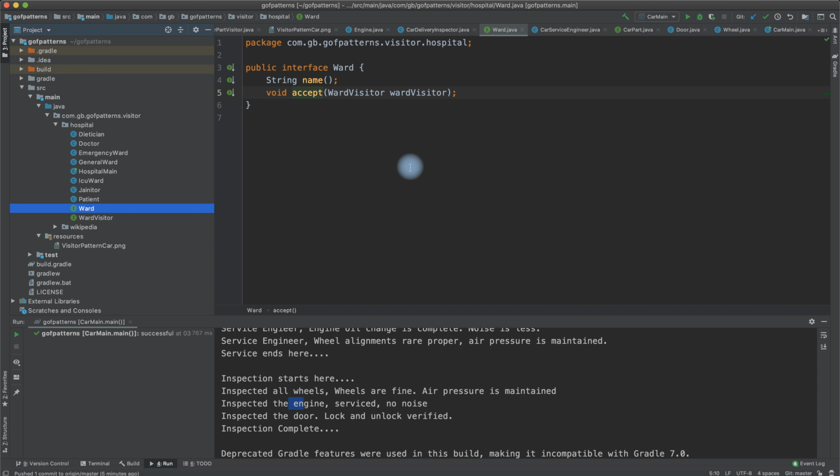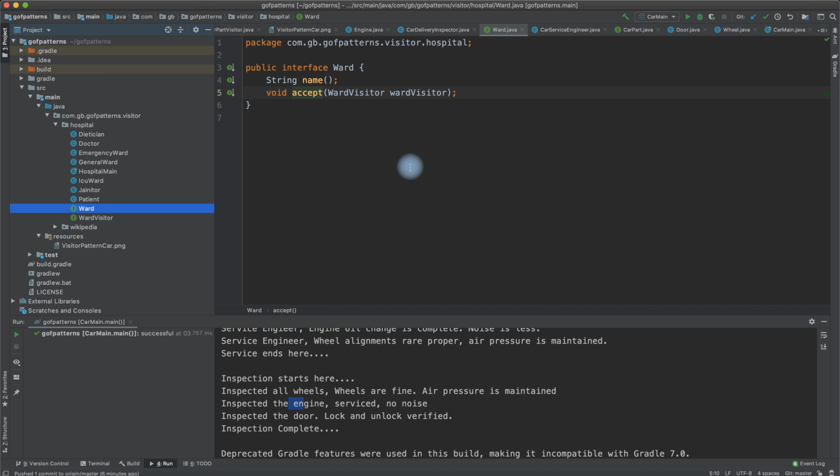No modification is going to be done on the wards, but they are open to accept many other algorithms, so that such services are available in the wards. For example, an air conditioning person may come and visit these wards and ensure the proper temperatures and other things. So the ward remains what it is, and algorithms get added dynamically.